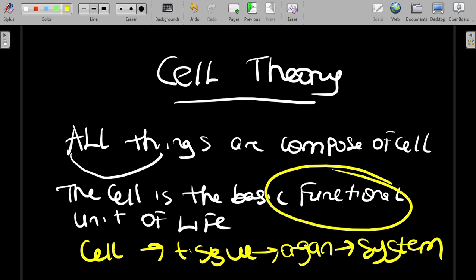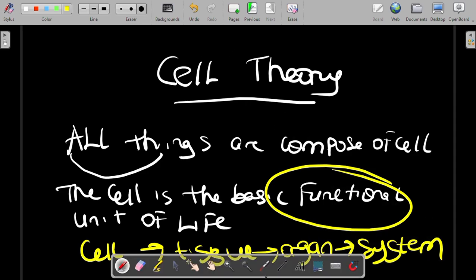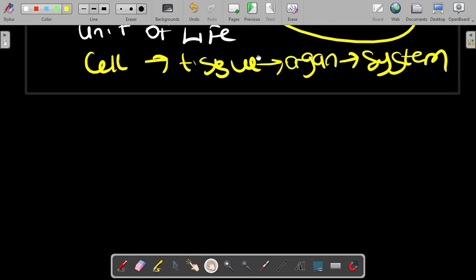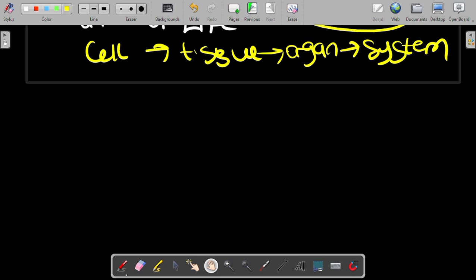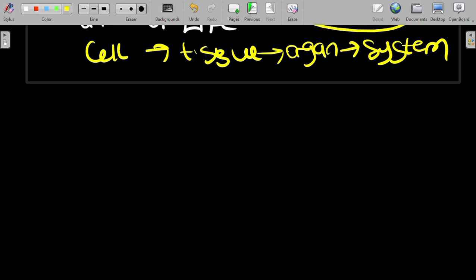Now, what is the third theory? The third theory is saying that cells came from pre-existing cells.